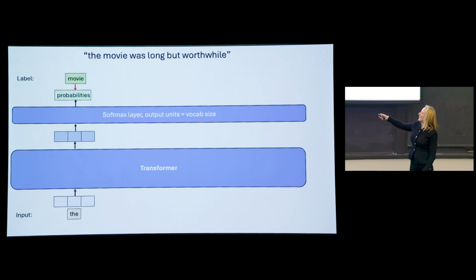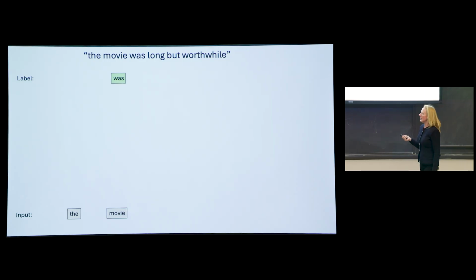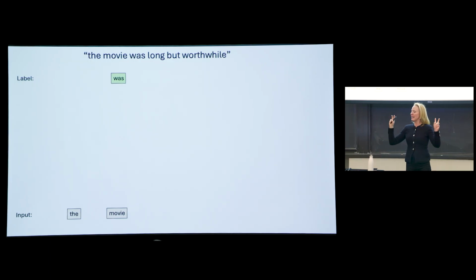Okay? So there's one input with one prediction. I can use that to train. Then what I'm going to do is come down here and take now as my input, not that first word, but these first two words. And I'm going to say that the true label, for this particular example, for the input "the movie", is the word "was".